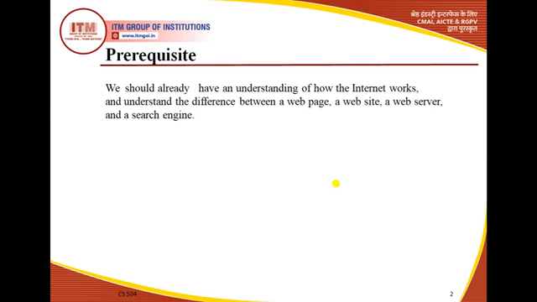We already have gone through all these terminologies whenever we operate the internet. Then we come across all these web pages, websites, web servers, search engines, etc. So the simple prerequisite for this particular lecture is a basic understanding of all these internet components. That's it.